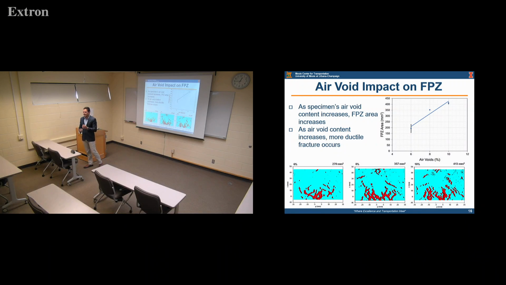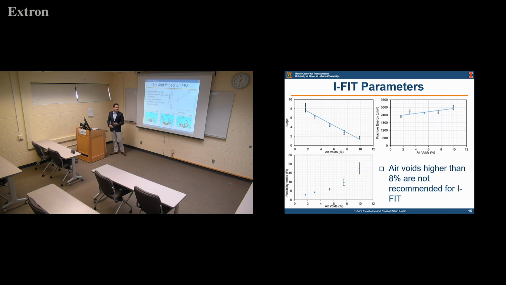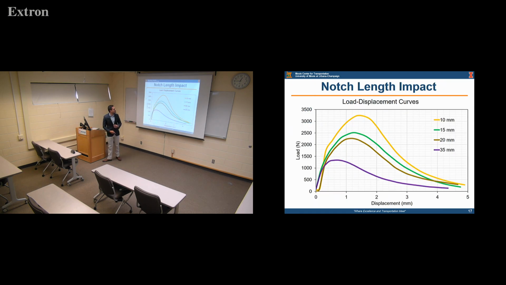We cannot exactly see how the microcracks are connecting. But we saw that the increase in the air void content causes a more branched structure. And we saw from previous parts that a more branched structure indicates a more flexible behavior. While with a smaller structure, like one consistent with the notch tip, like here, you would expect a lower fracture processing and a lower flexibility of the mix itself.